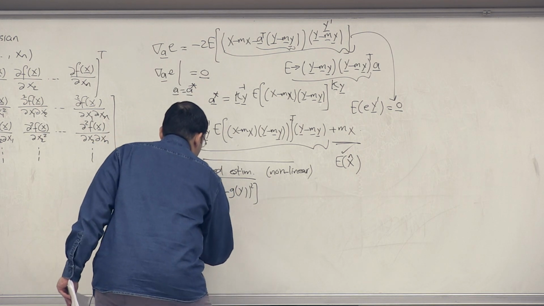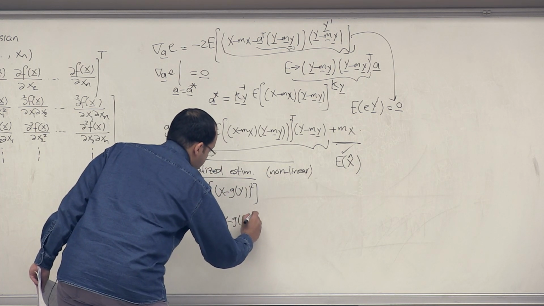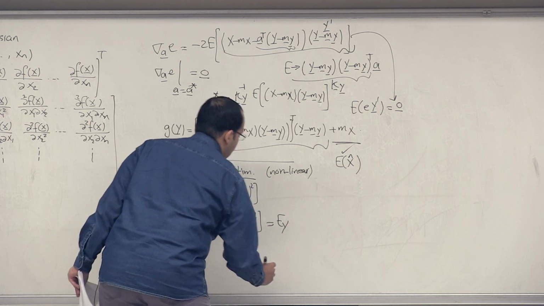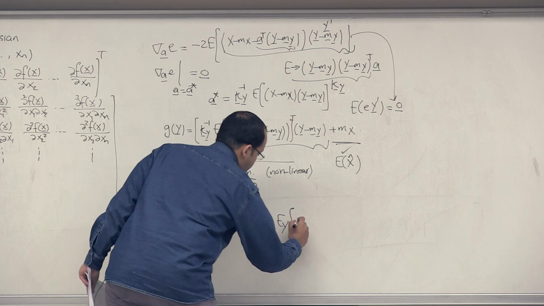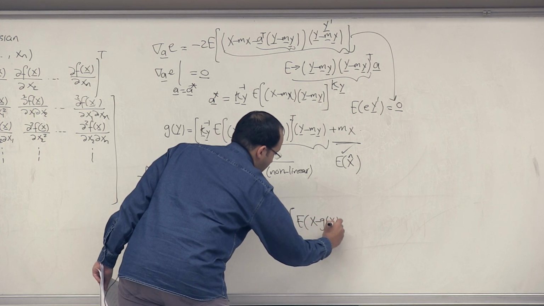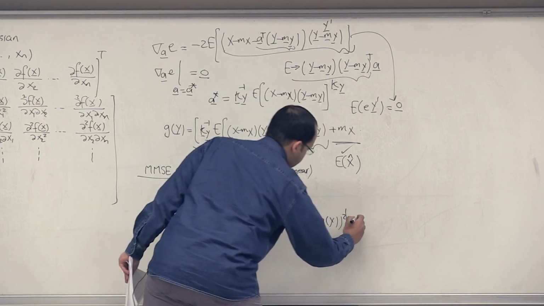So this expected value of x minus g of y squared is essentially the expected value over y of the expected value of x minus g of y squared conditioned on y.